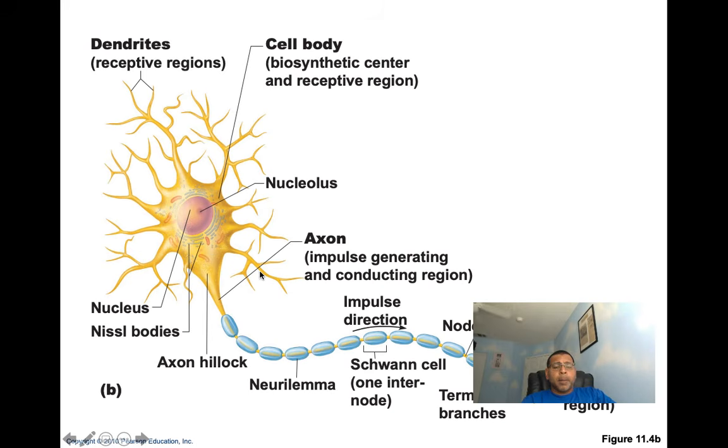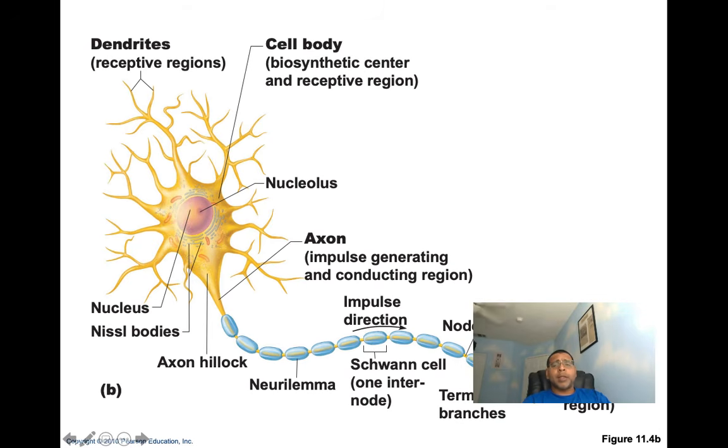Now, the function of the axon is that it's the conducting region. It will generate nerve impulses, electrical impulses, at the axon hillock, and then transmit them.